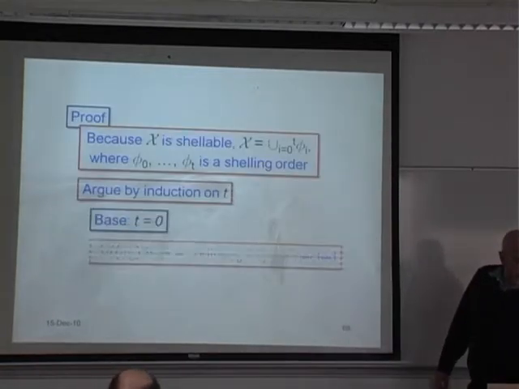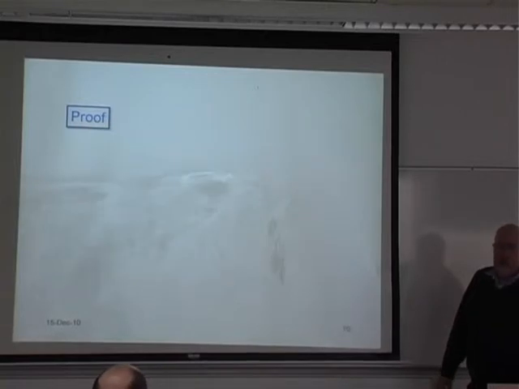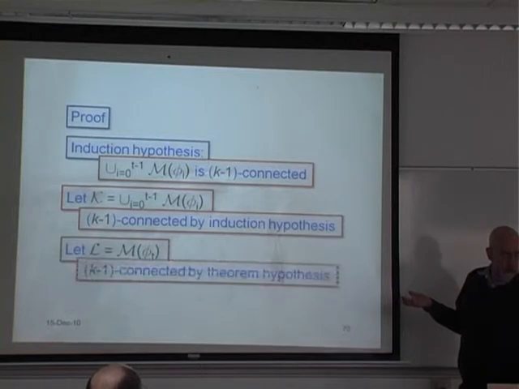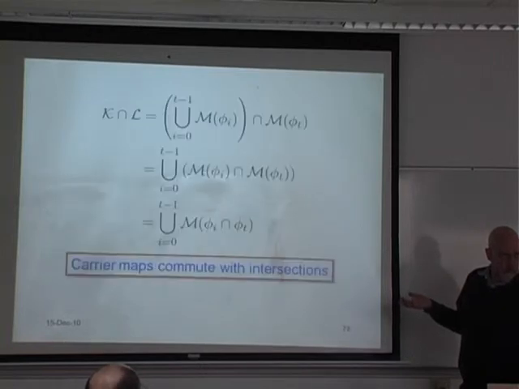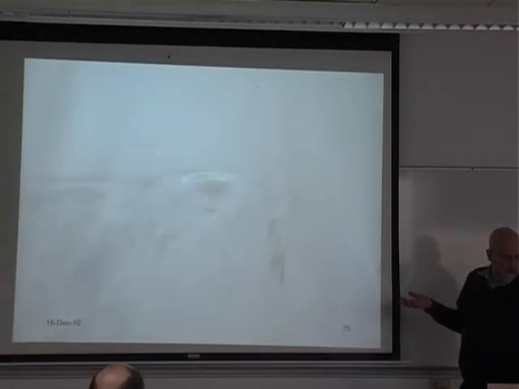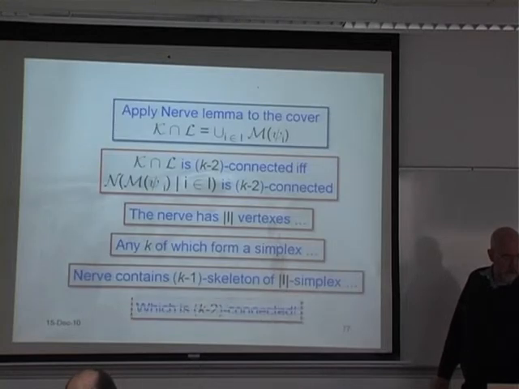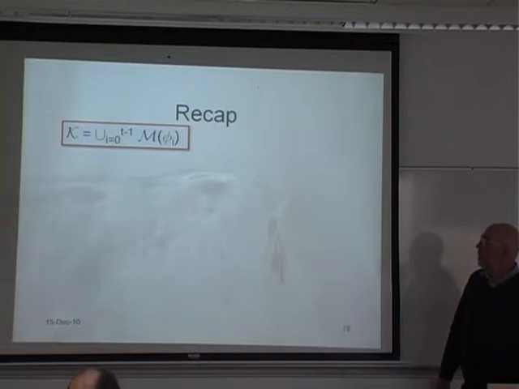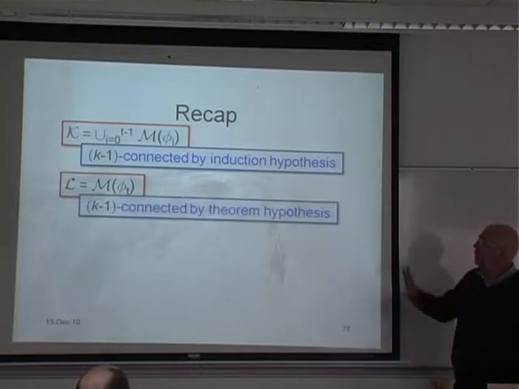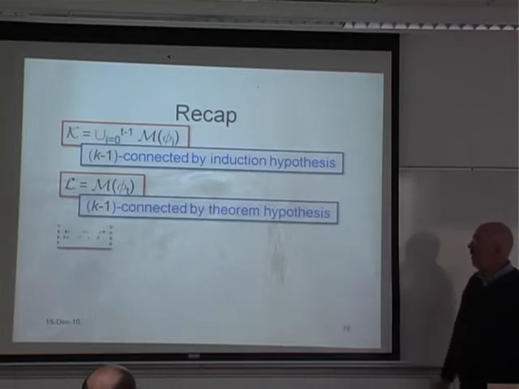Okay, and again, I'll skip the proof. It's an inductive proof. We use the fact that it's shellable. Anyway, what we did was we have an inductive argument where we take the shelling order, look at a prefix of it, and add one more thing.